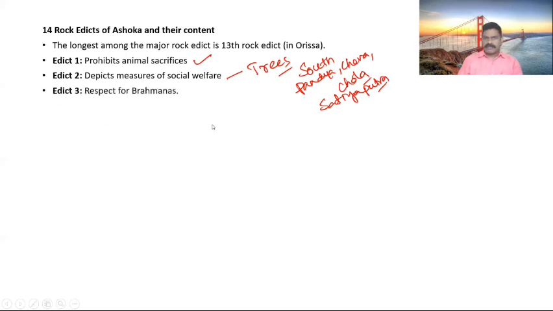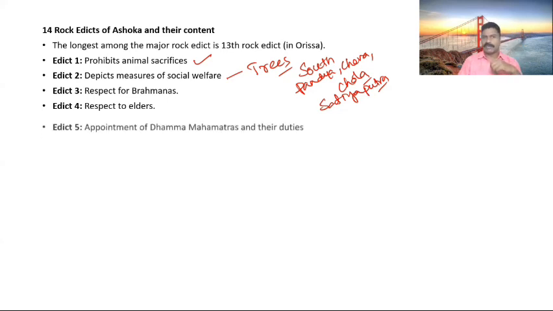The third major edict gives tolerance towards the Brahmins. Ashoka ordered people to give respect to the Brahmins. In the fourth major edict, Ashoka says to respect the elders. All these are principles of Dhamma.